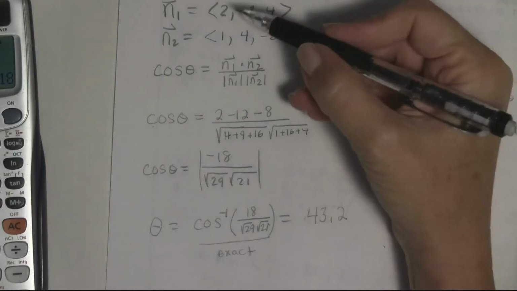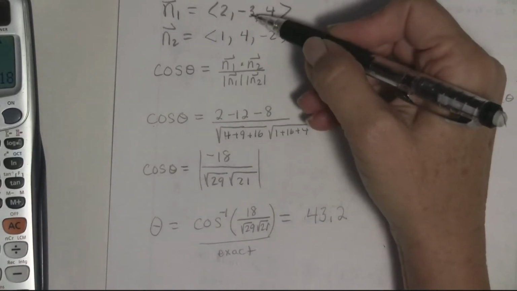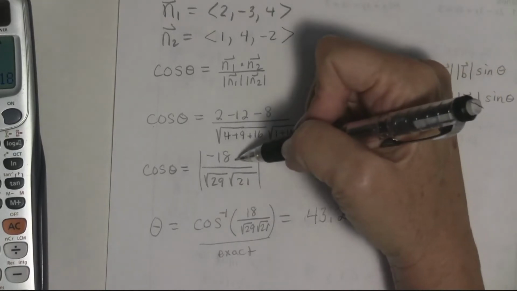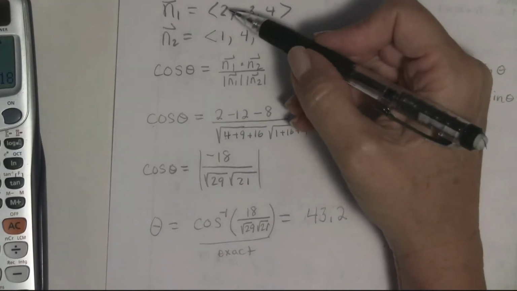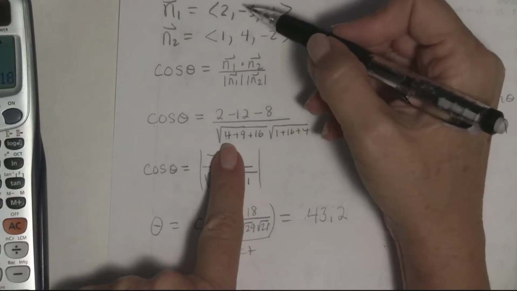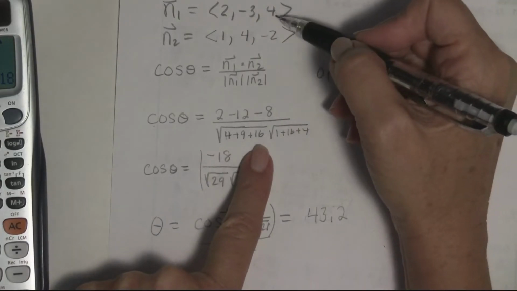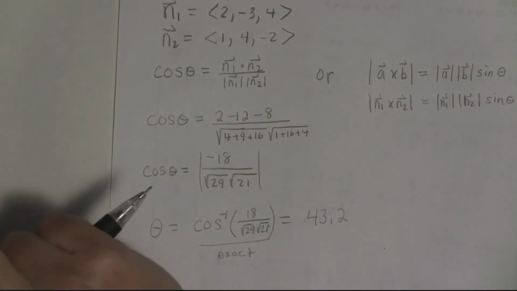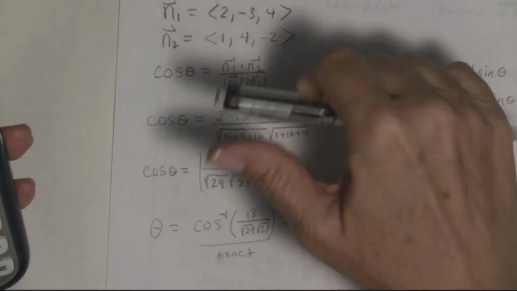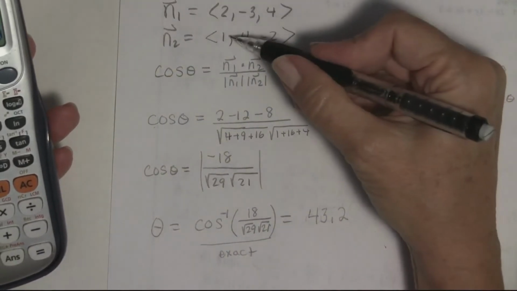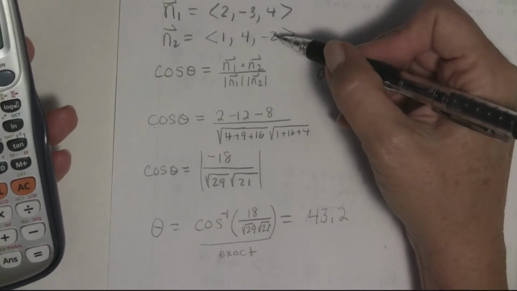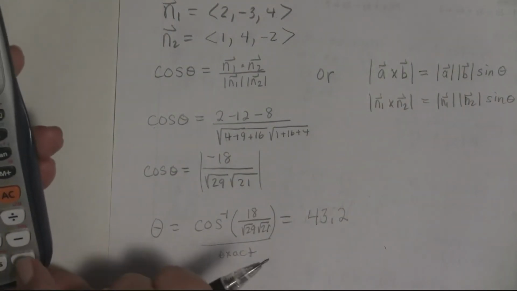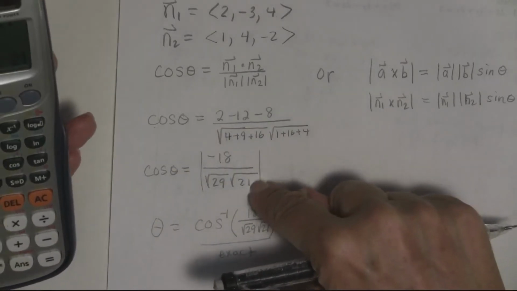And make sure you crossed them right. 2, negative 12, negative 8, and that is negative 18. 4, 9, 16. 4 plus 9 plus 16 is 29. And 1, 16, 4. 1 plus 16 plus 4 is 21.